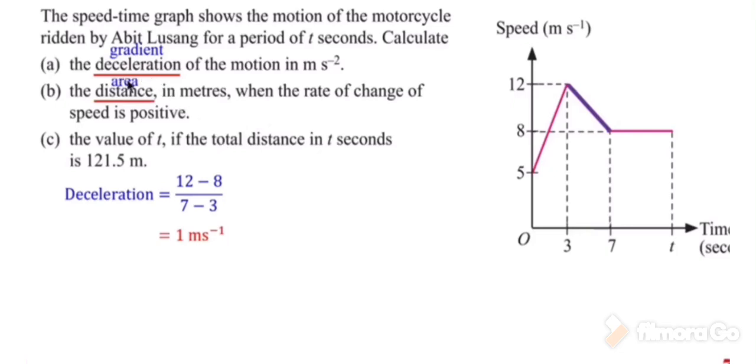Then I also want you to highlight the keywords rate of change. Rate of change means gradient. Okay, the gradient is positive. Gradient means rate of change.